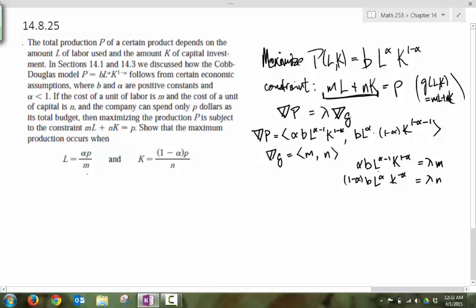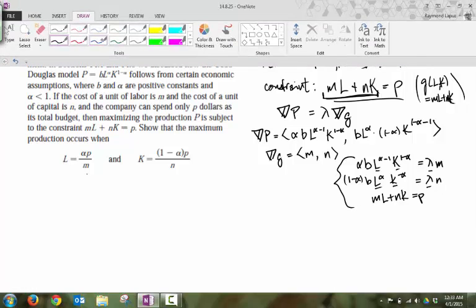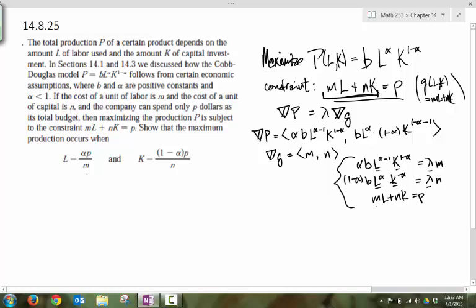And then the unknowns are L and K and lambda, so we have three unknowns. We're looking for a third equation, and that's going to be the constraint. ML plus NK is equal to P. Now, we're going to try to solve this system of equations, and the first thing that we can notice is that ML plus NK is equal to P, and we have M and N here.